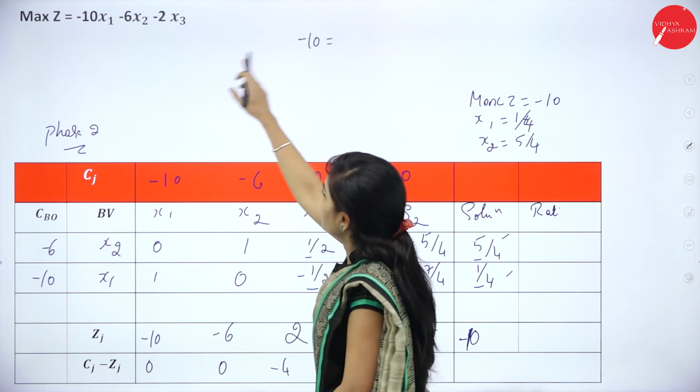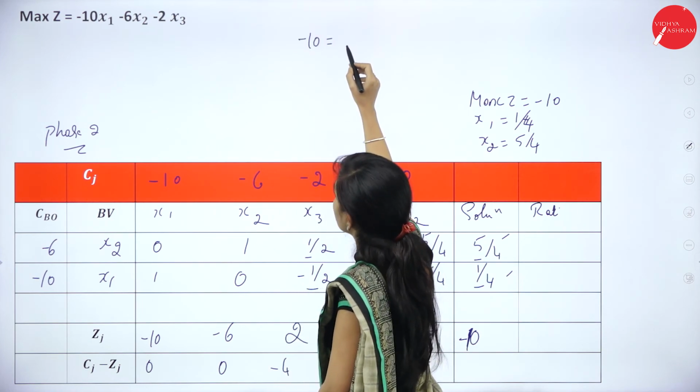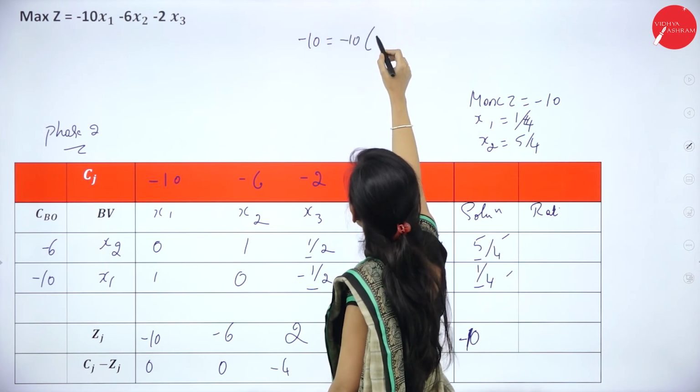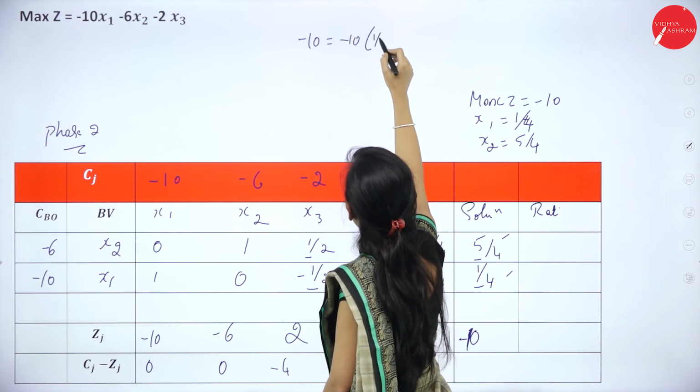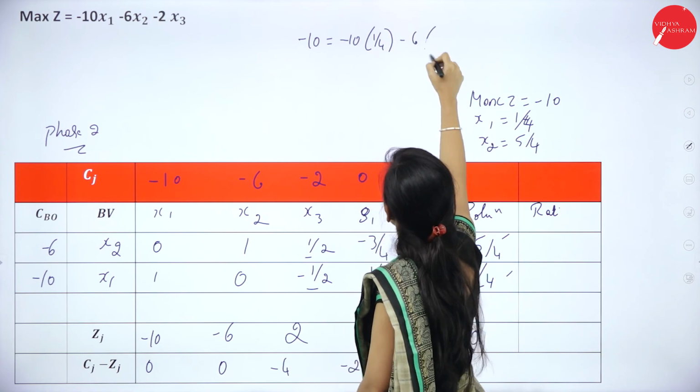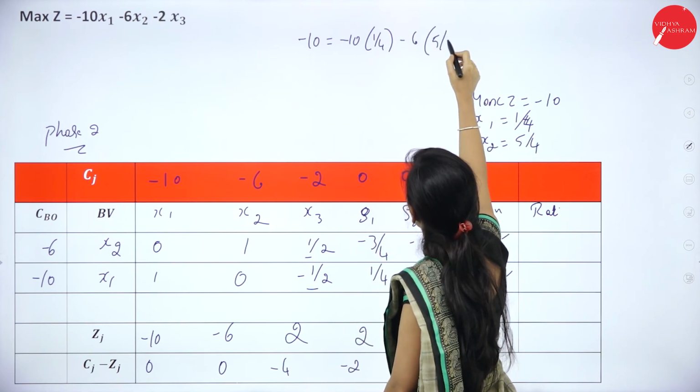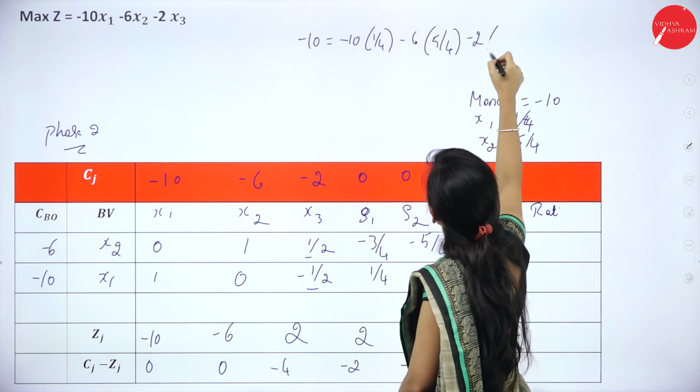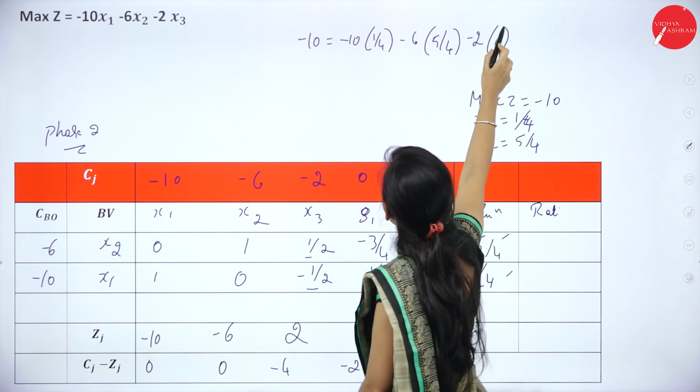Max z is equal to minus 10 into x1, which is 1 by 4, minus 6 into x2, which is 5 by 4, and 2 into x3, which is not there, so it is 0.